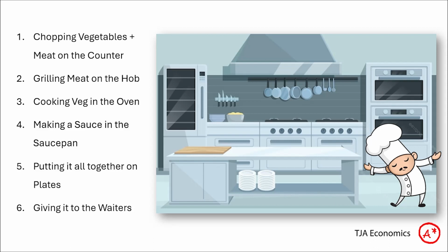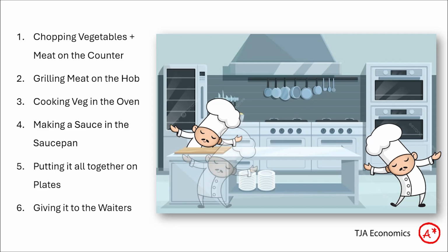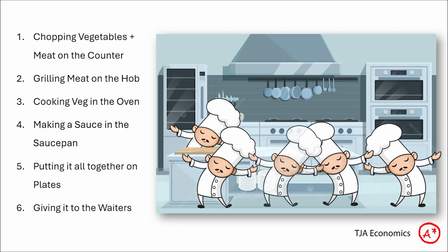But if I hire a second chef, suddenly they're only doing 3 jobs each, not 6. I hire a third chef. You can see they're each going to get more productive and total output is going to increase quickly, right? Because they're not having to do 6 jobs each. They may be only doing 2. And if I were to hire 6 chefs in total, they could each specialise in 1 job each.